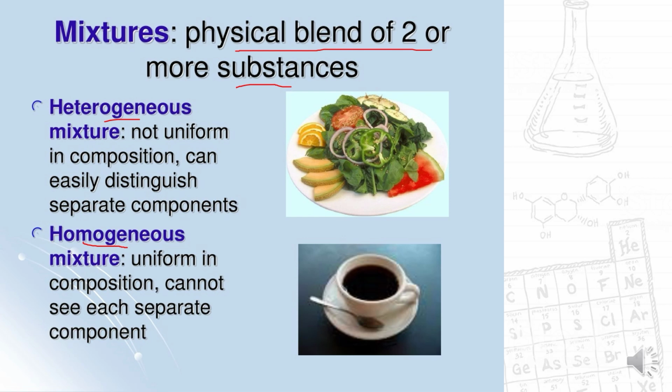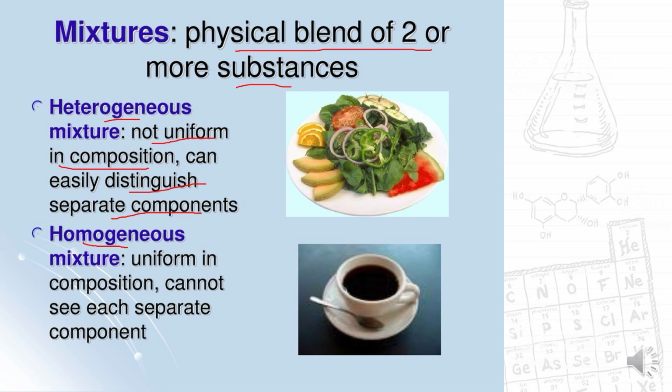So what is a heterogeneous mixture? A heterogeneous mixture is a type of mixture which does not have a uniform composition, meaning we are able to distinguish the separate components of our mixture.